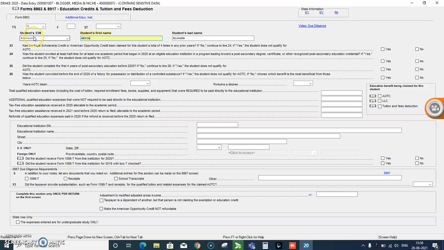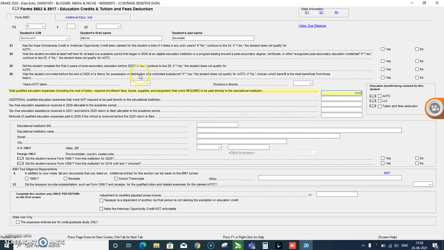So here you have to report the student's SSN, student's first name, last name, and you have to report the amount. See, the total qualified education expenses including the cost of tuition, required enrollment fees, books, supplies and equipment that were required to be paid directly to the student's educational institution. So we reported there $1,000.